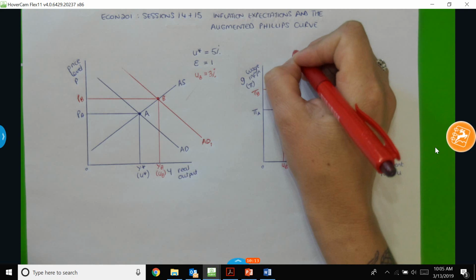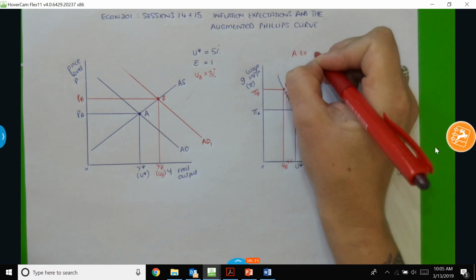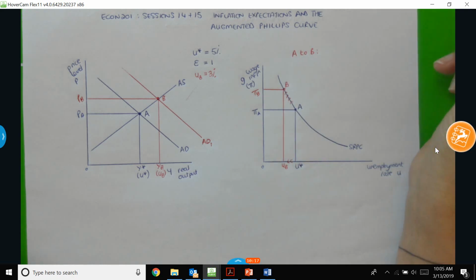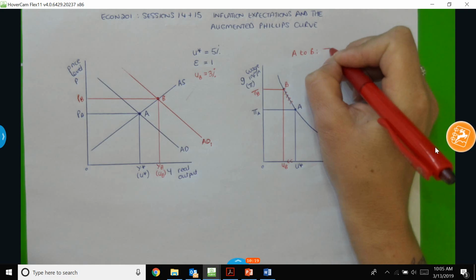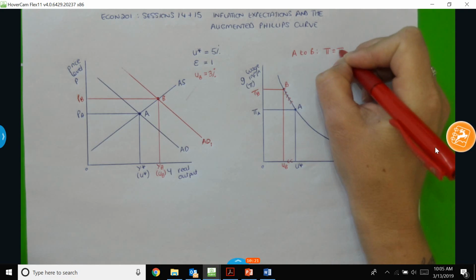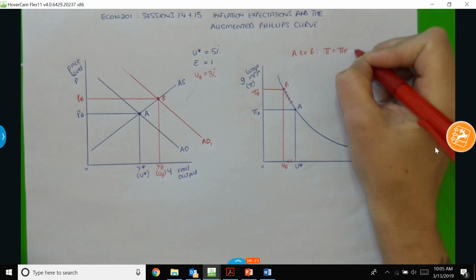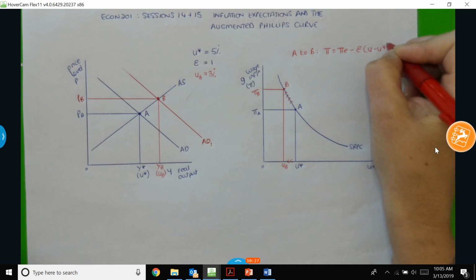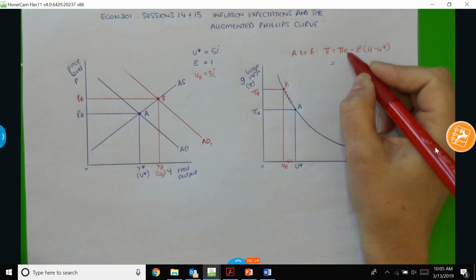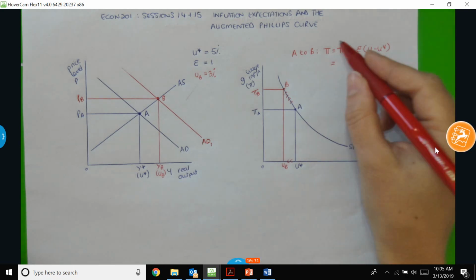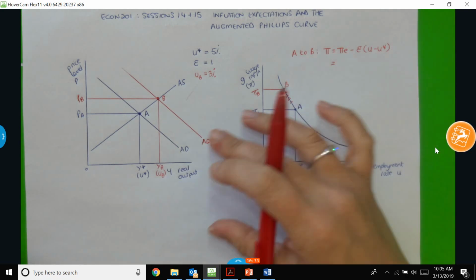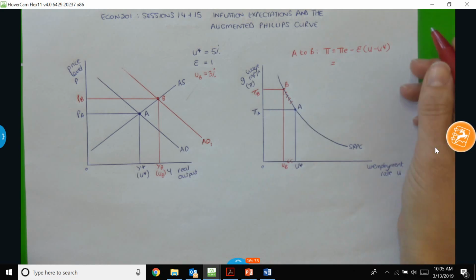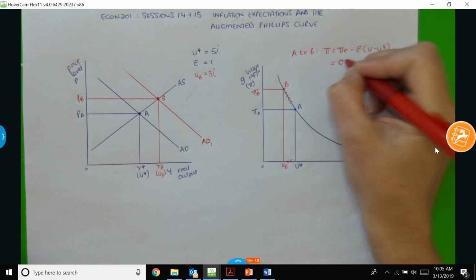For now, though, to think about how we get from point A to point B using the Phillips curve equation, inflation is equal to inflationary expectations minus epsilon times (u minus u star). So if we assume for now that inflationary expectations are not factoring into this model, then inflationary expectations are 0.